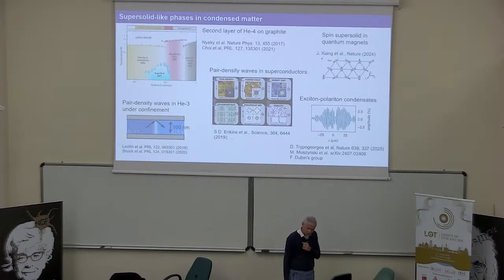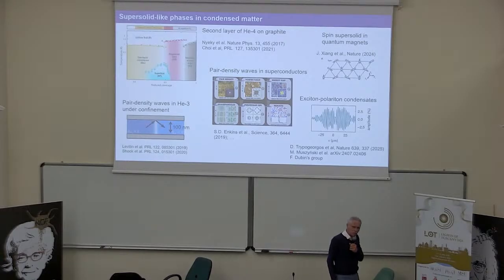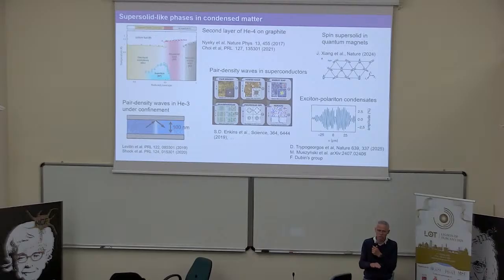The very interesting thing that came out: when we started, around 2018, there was no idea of any experimental system with supersolid properties. During the last few years, you can see here the dates, 2019, 20, 21, and so on, many other condensed matter systems started showing supersolid-like properties.